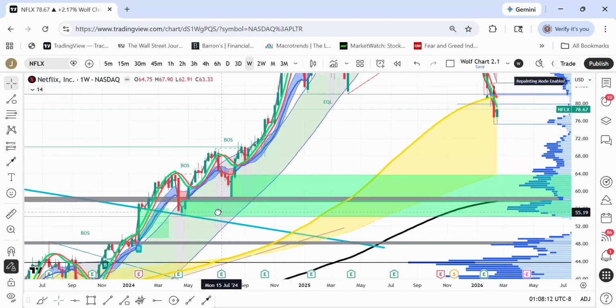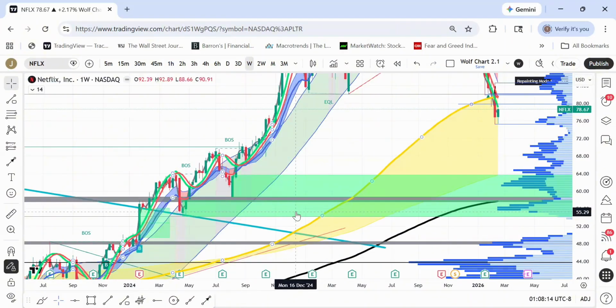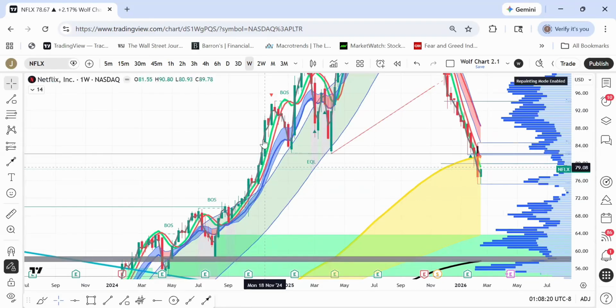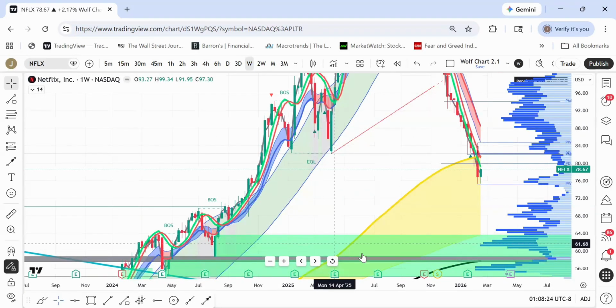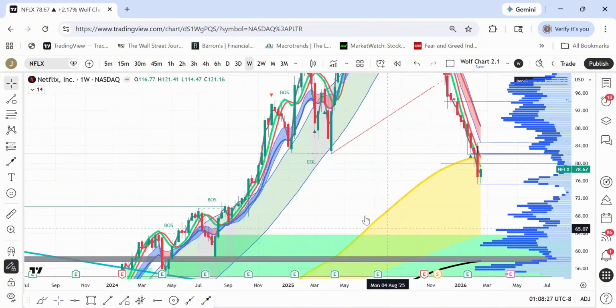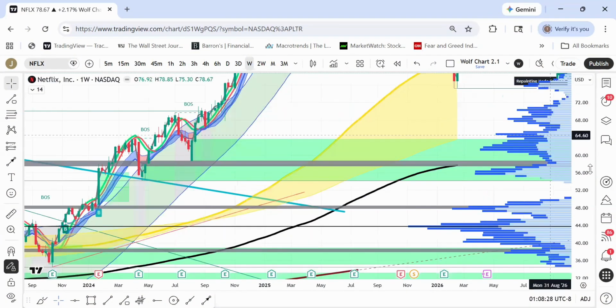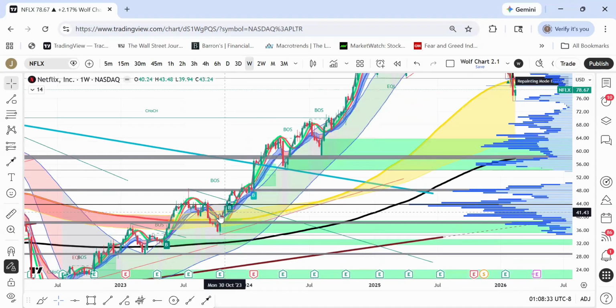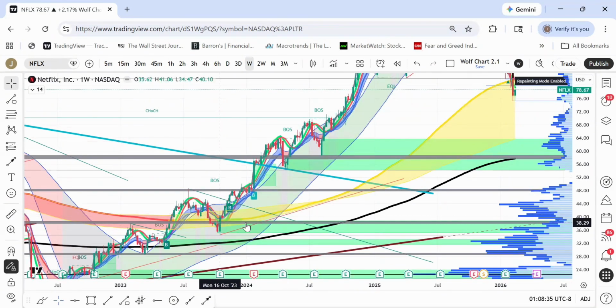Even if we go to November 2024 right here, yeah, we had a pullback, a red candle on the weekly, but we didn't pull back this deep at the 200 cloud. So the last time they tested the 200 cloud on the weekly was 2023.